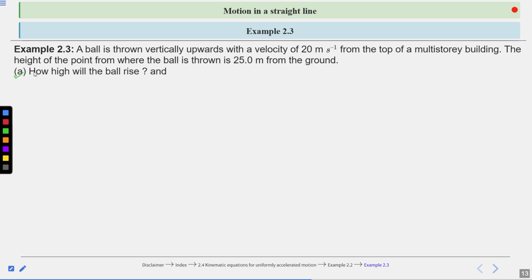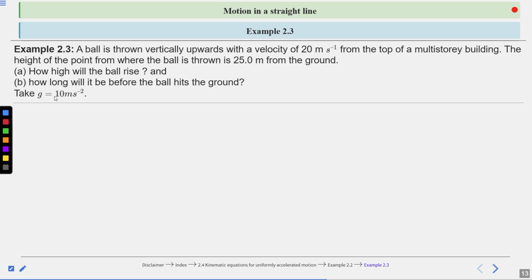First, we have to calculate how high the ball will rise. Second, how long will it be before the ball hits the ground. Take g is equal to 10 meter per second square. Think about it.